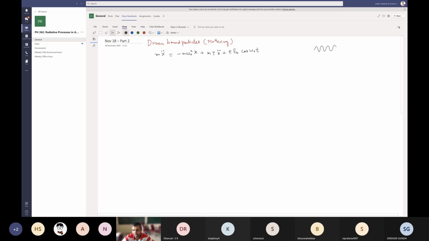You have an electric field which is varying with omega naught, and you have an electron or a particle. This is excited by this electric field, and this electron will oscillate, and it will actually emit radiation. This is scattering. This is the harmonic oscillator model for scattering, driven harmonic oscillator.